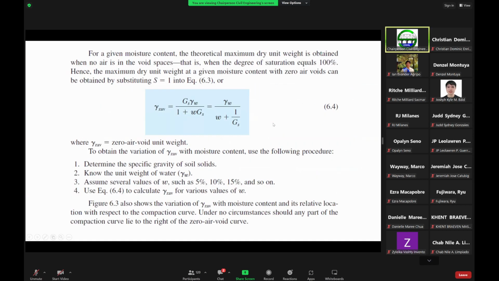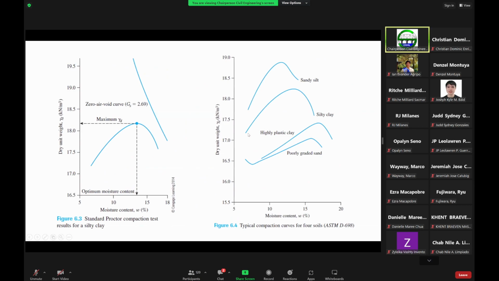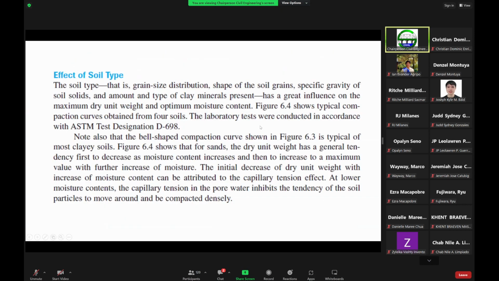Now, in the case of sands, the dry unit weight has a general tendency first to decrease as moisture content increases, and then it will increase to a maximum value with further increase in moisture.